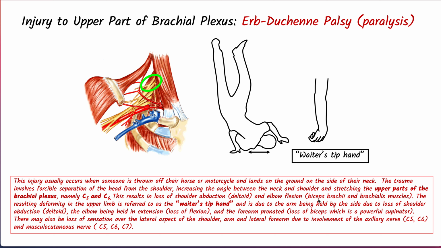The reason is that the biceps brachii and brachialis muscles are affected. It means the musculocutaneous nerve has a problem. And then the resulting deformity of the upper limb is referred to as the Waiter's tip, which we have talked about. Then we'll look at further points, and I'll talk about why the elbow is not flexing and why the hand is in this adducted format, in the next slide.